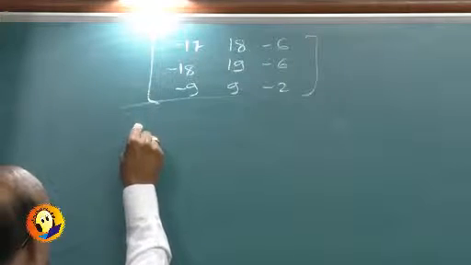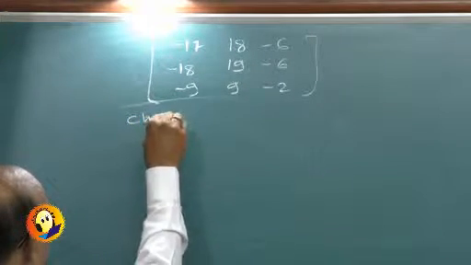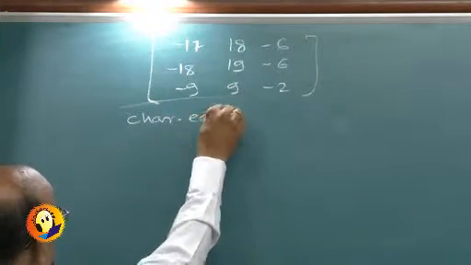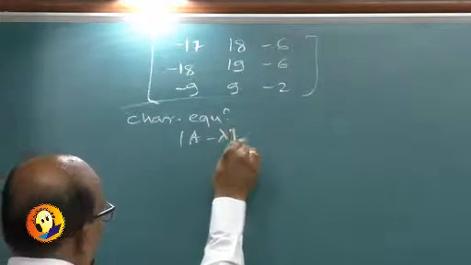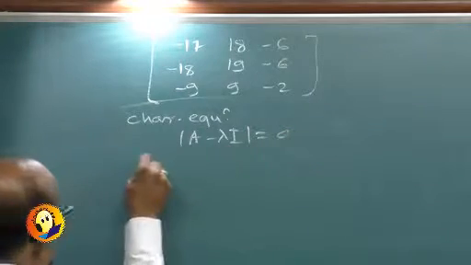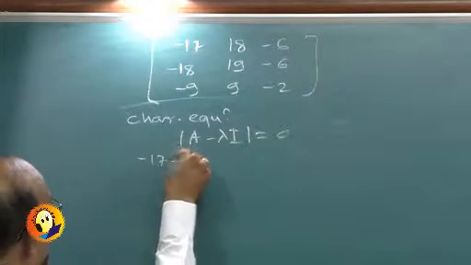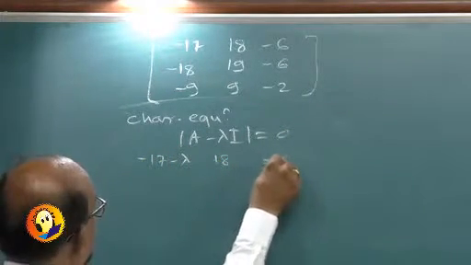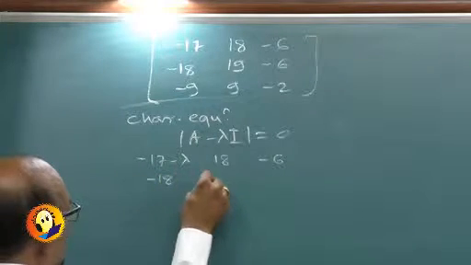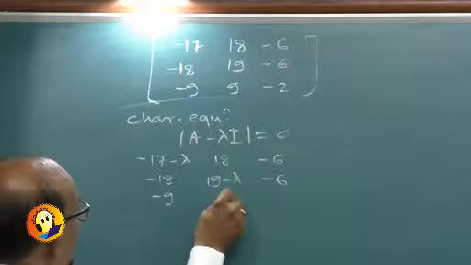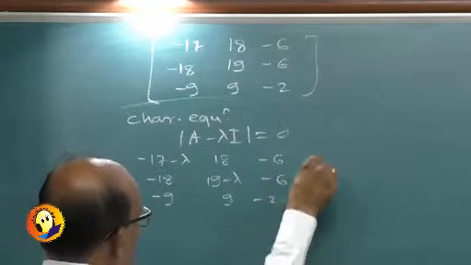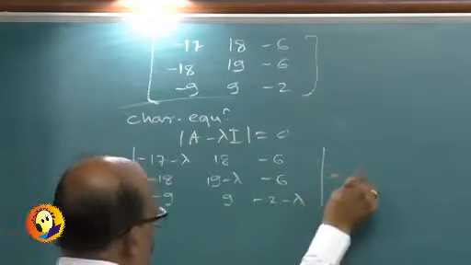So here the characteristic equation is mod of A minus lambda I equal to 0. So it is minus 17 minus lambda, 18, minus 6; minus 18, 19 minus lambda, minus 6; minus 9, 9, minus 2 minus lambda, equal to 0.